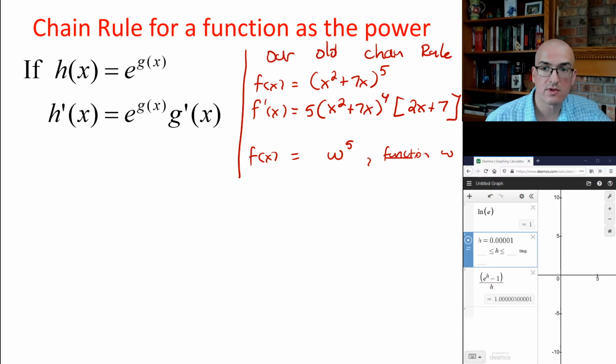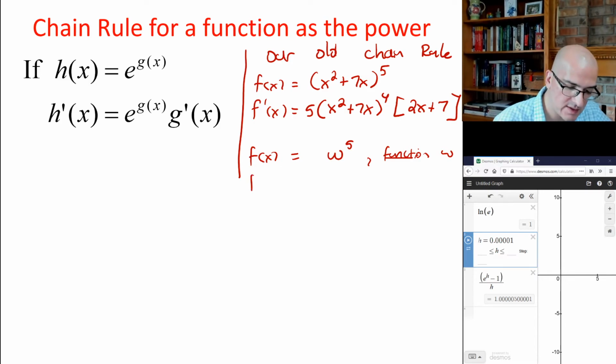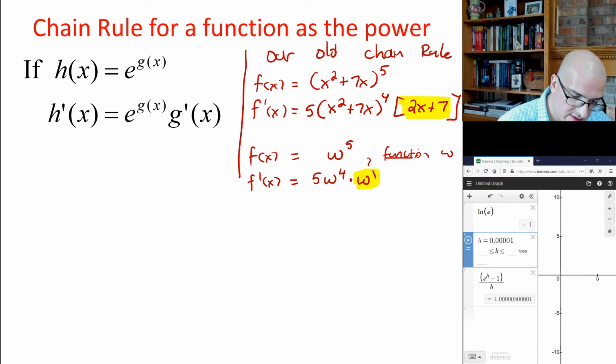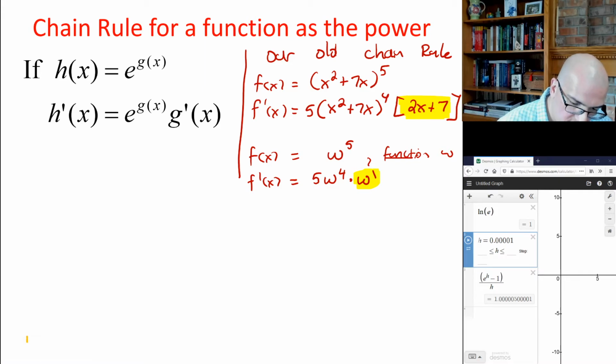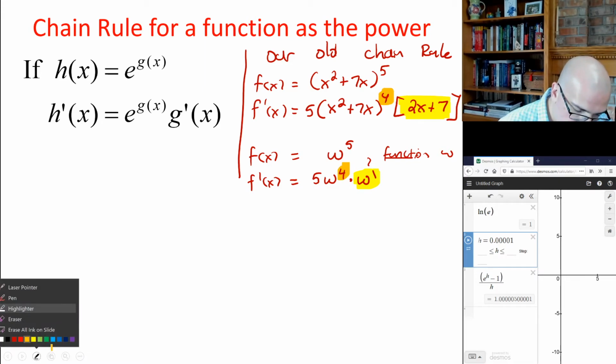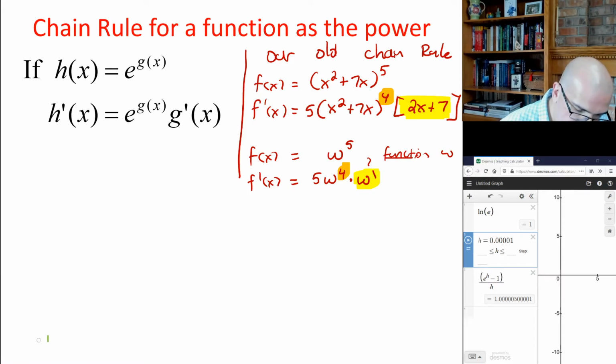The chain rule written in this format is f prime of x equals 5w to the 4 times w prime. So look at the pieces. We have a w prime piece, which is this. We have the power 4, the power 4. We have the 5 in front and the 5 in front.